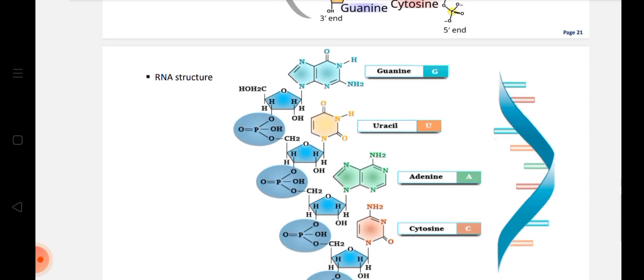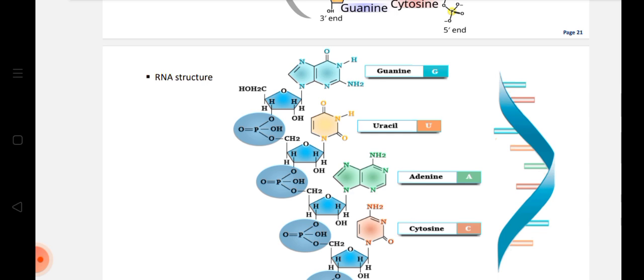Then, let's have the RNA structure. RNA, or ribonucleic acid, is typically single-stranded and plays a central role in protein synthesis. Each RNA nucleotide is made of a phosphate group, a ribose sugar, and a nitrogenous base. Unlike DNA, RNA contains uracil instead of thymine.